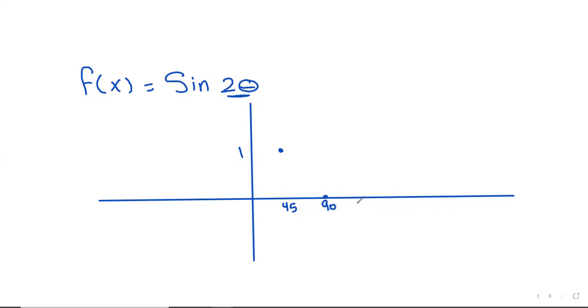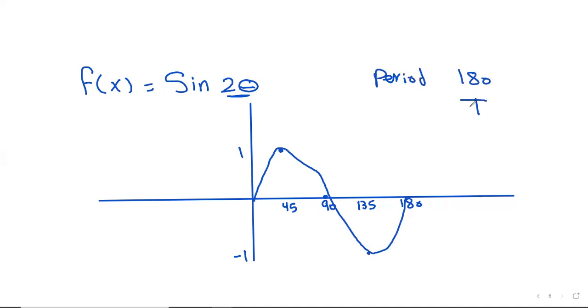And let's take 135. 2 times 135 is 270, and sine 270 is -1. And let's take 180. 2 times 180 is 360. So this function is a periodic function, and its period is 180 or pi.